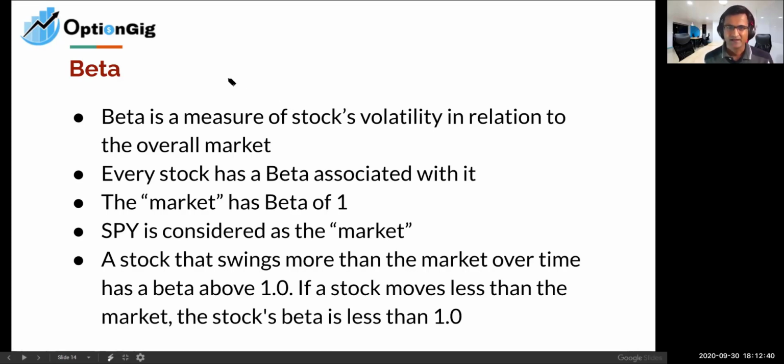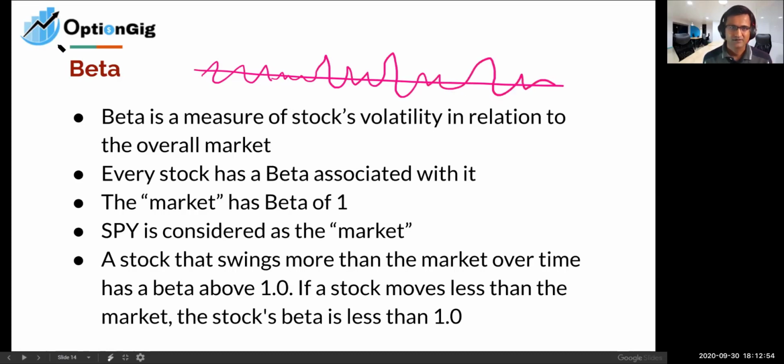Let's say the S&P behavior is like this, right? This is 0%. This is your percent high or percent low, movement up or down. Now, if this is the S&P, and I have another stock which is like this.